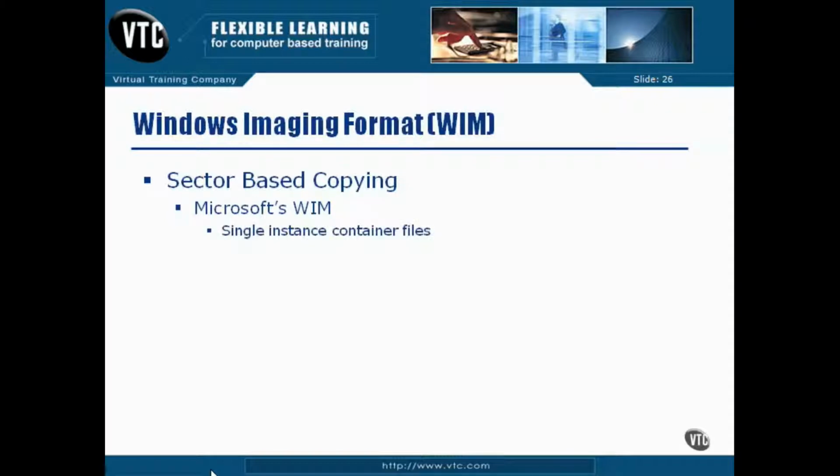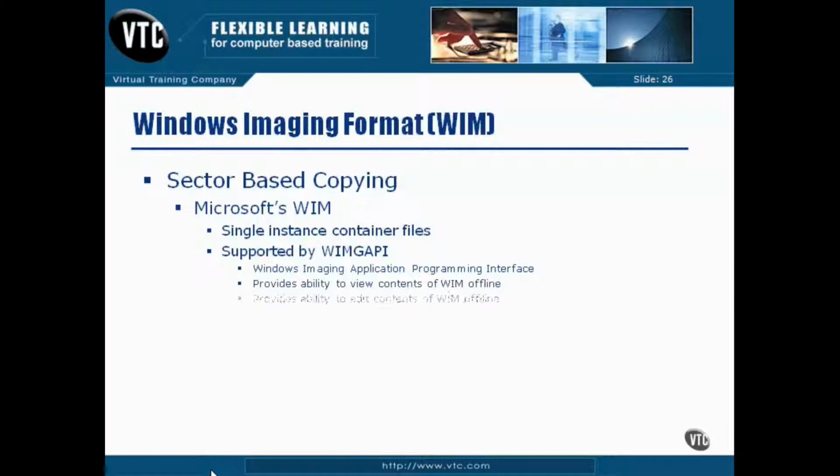Microsoft's WIM, or Windows imaging format, is basically a technology built around single instance container files, and these are supported by a Windows imaging format API. Okay, which is an application programming interface, which means that you can build software applications to look at these files and to manipulate them.